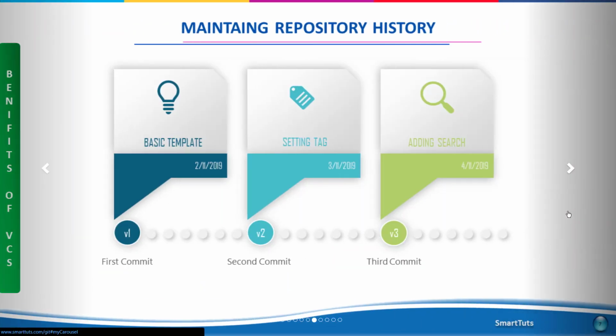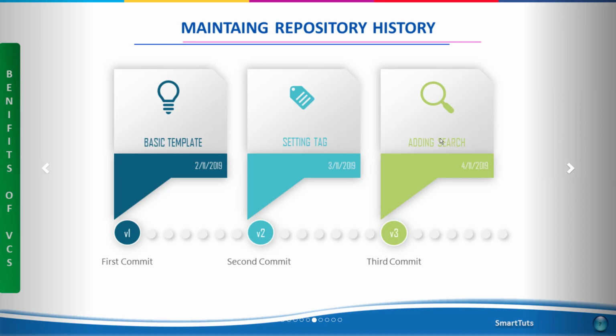Then maintaining repository history means, look, on the first commit you created a basic template, so it will show you that. On the second commit you added another tag, the setting tag. On the third commit, you added the search mechanism to your project.